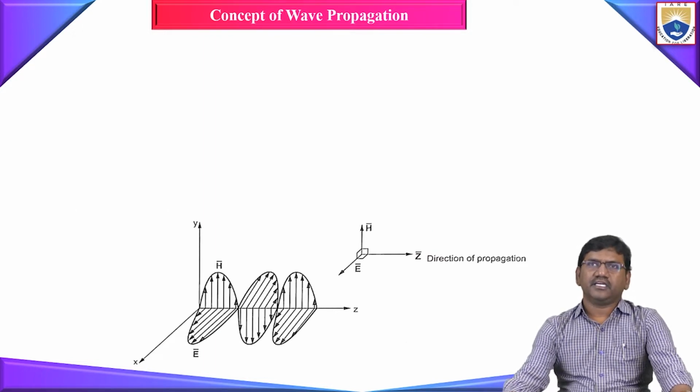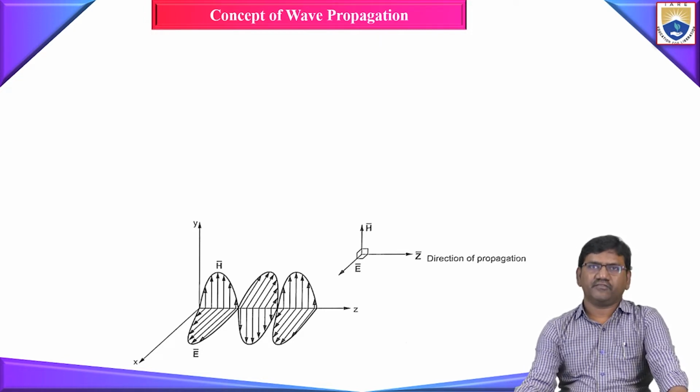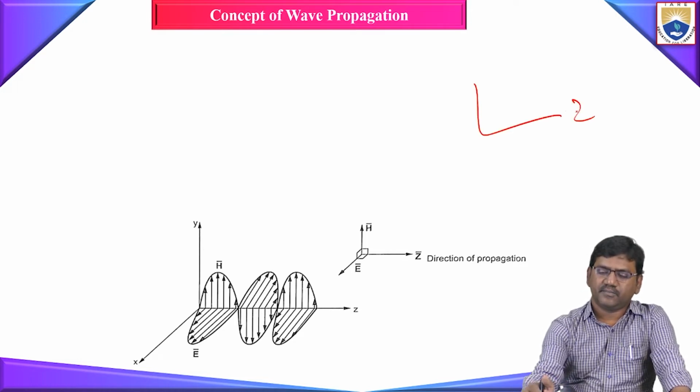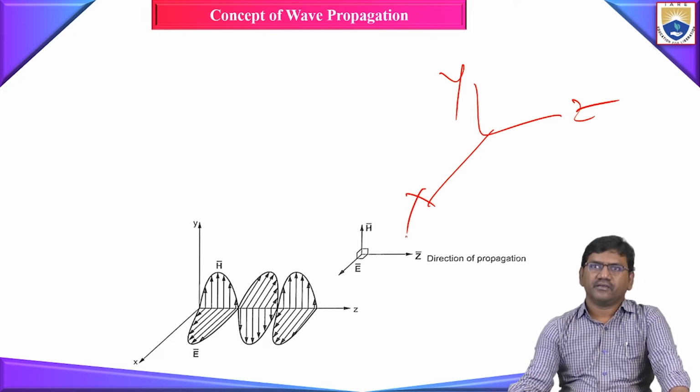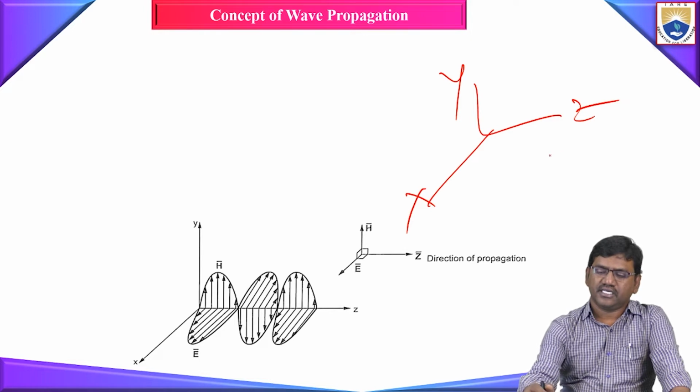Here, the electric and magnetic waves produced from the antenna are mutually perpendicular to each other. If we represent the wave in a three-dimensional form, there is the Z axis, the Y axis, and the X axis. The direction of propagation in the figure is the Z direction.